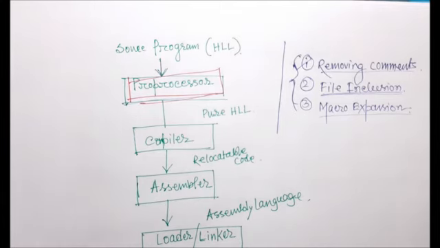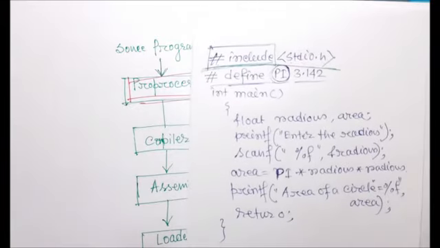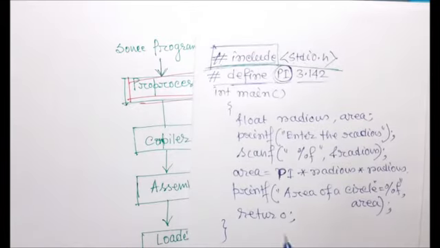We have already used a simple program where the first statement is #include stdio.h. You can see this from this example, where I have written a simple program to calculate the area of a circle. The first statement is #include stdio.h.